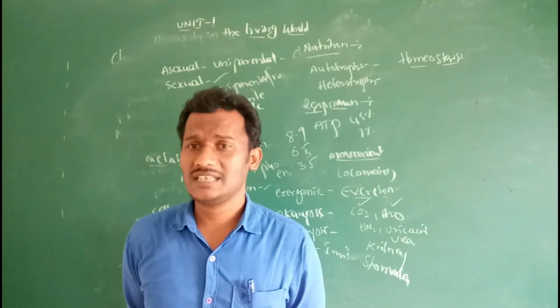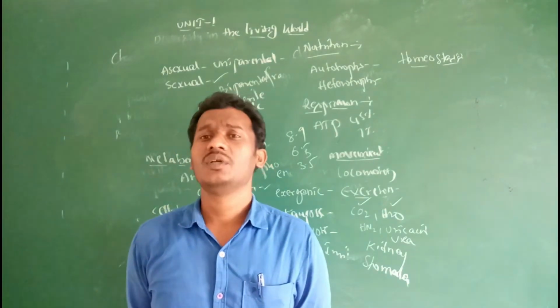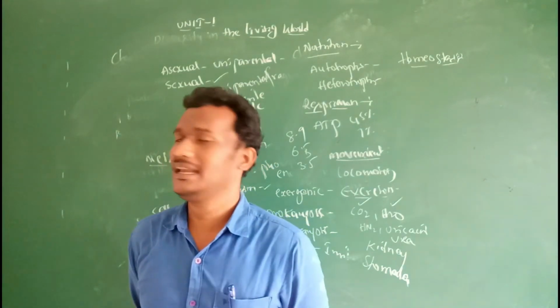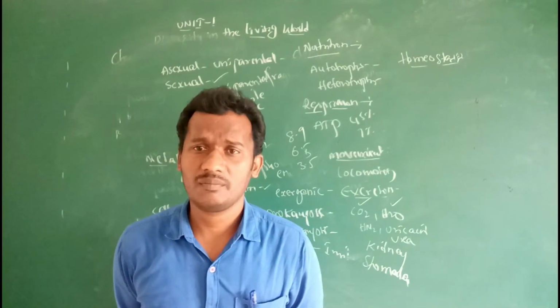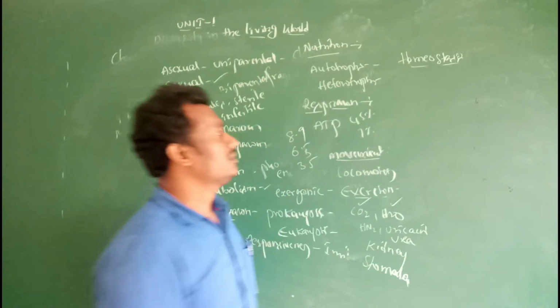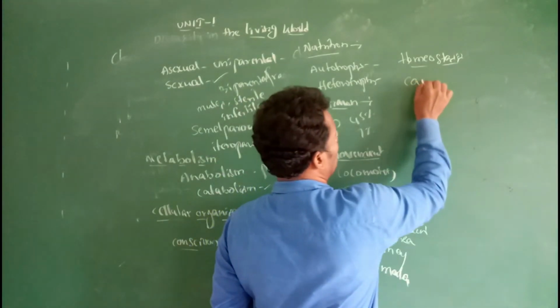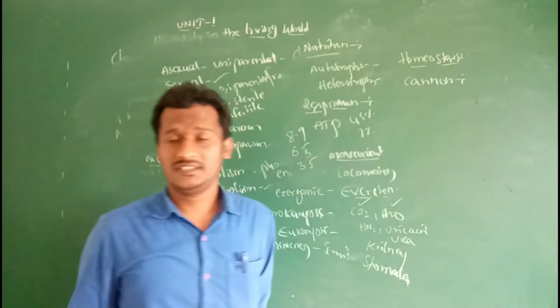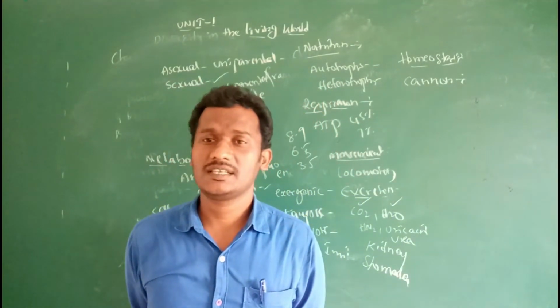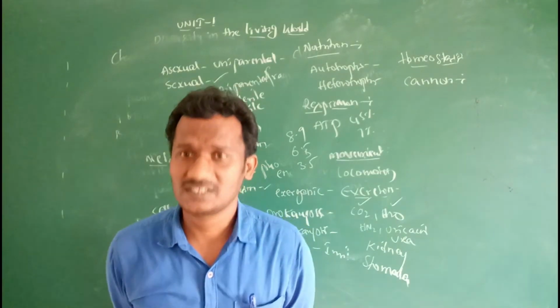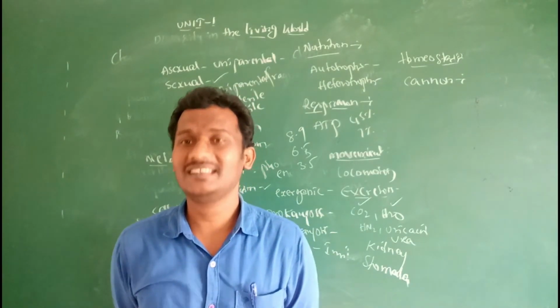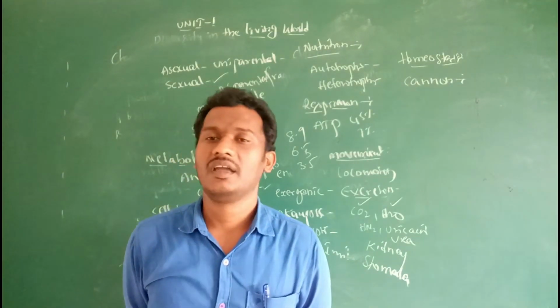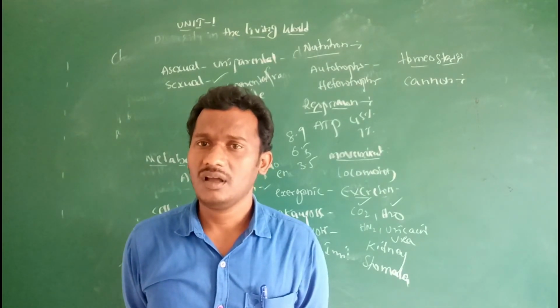This homeostasis helps the survival of the organism in a changed environment. It is maintained by the organism's regulatory system. So the regulatory system maintains this homeostasis in the body of organisms.